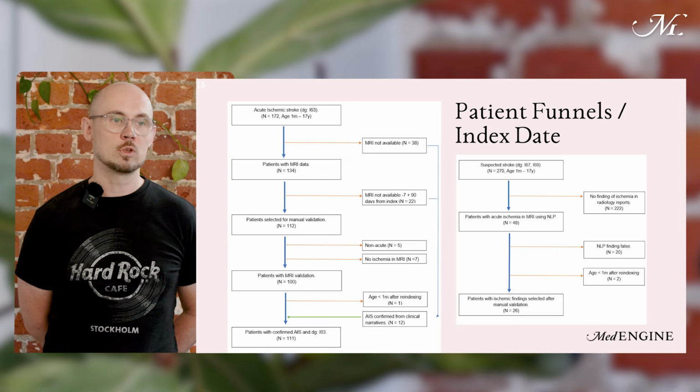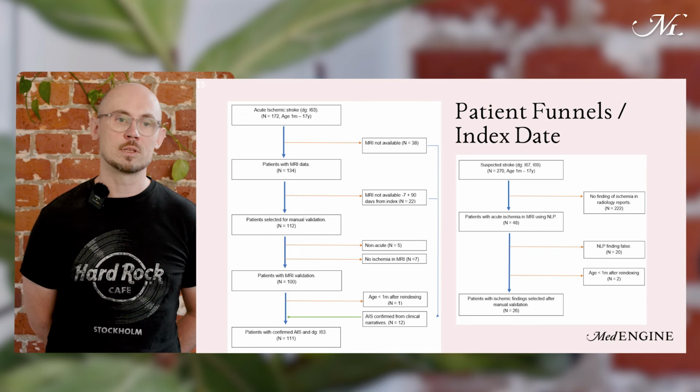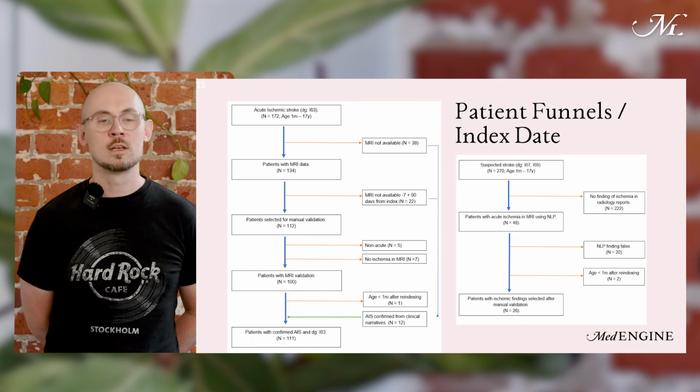You have to go through multiple steps and validations, using imaging data and clinical narrative data to define the patients who are actually in your cohort, and also exclude those patients who don't really have the disease. There could be wrong diagnosis codes. There could be patients who were actually diagnosed in a different hospital but moved to this hospital, and so forth.